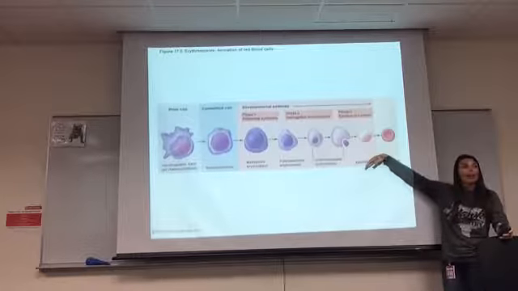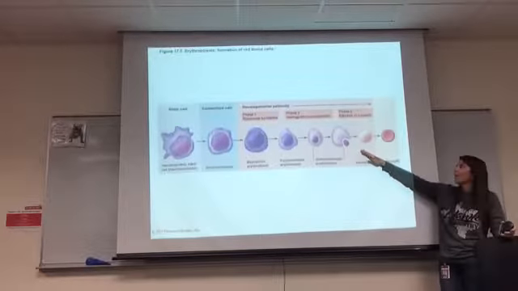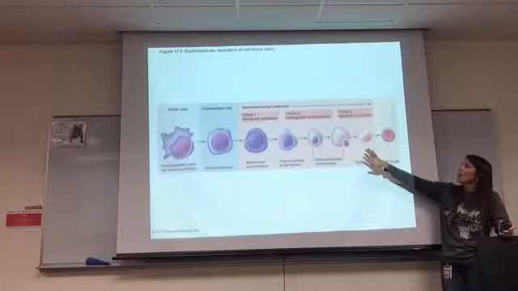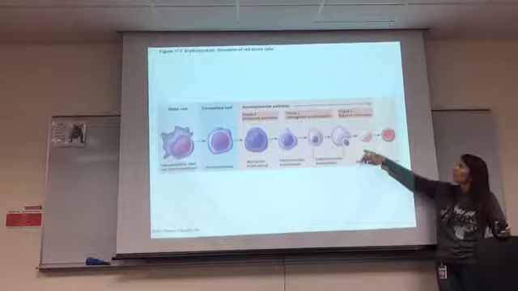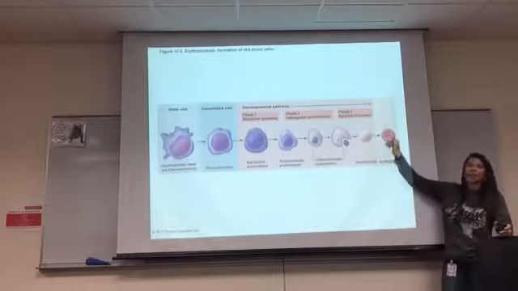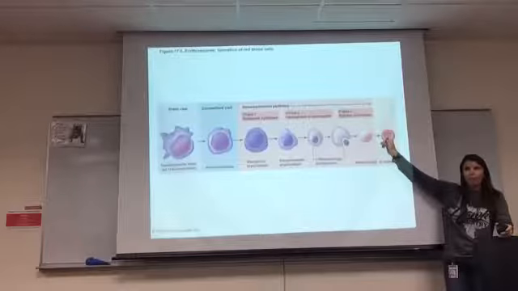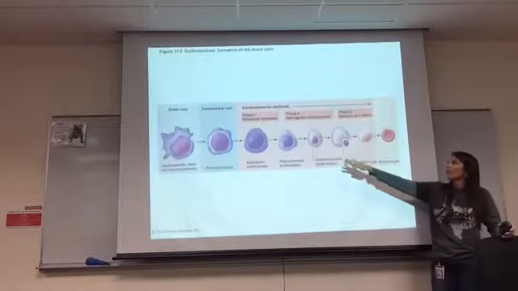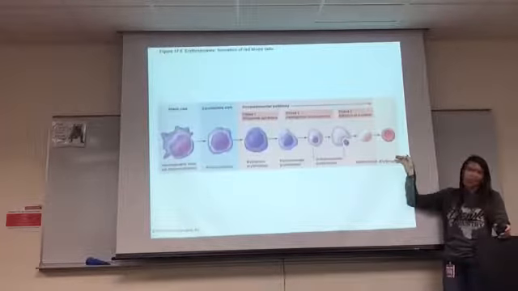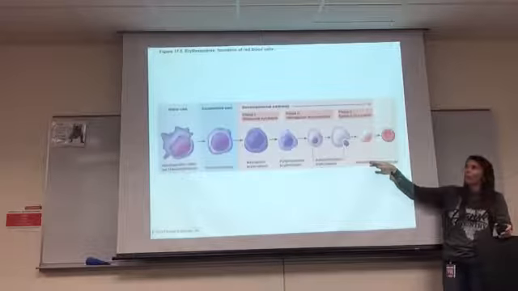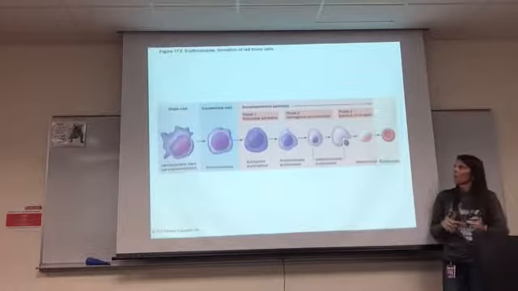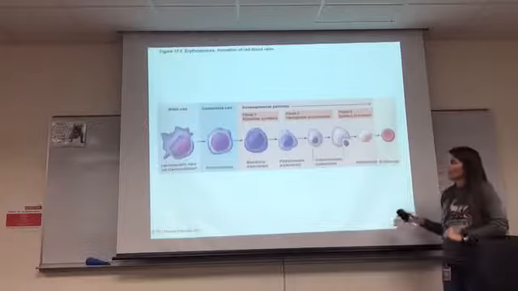It's kicking out its organelles. And specifically here, we have it diagramming the nucleus. But it's purging its organelles. And it goes from that to looking like this once it's mature. Okay? So here are the stages of erythropoiesis, the formation of red blood cells. Okay? Just kind of going through those stages.